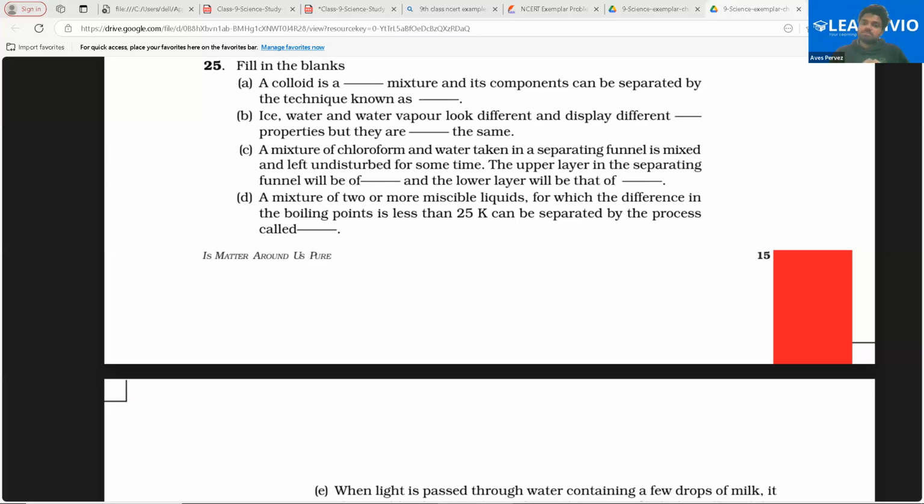So note it down: in compounds, elements are chemically combined together in a fixed ratio by mass. For example, you take a glass of water, you add 1 tablespoon of sugar, it is still a sugar solution. You add 2 tablespoons of sugar, it is also a sugar solution. So there is not a fixed ratio. But in water, there must always be two hydrogen atoms and one oxygen atom.